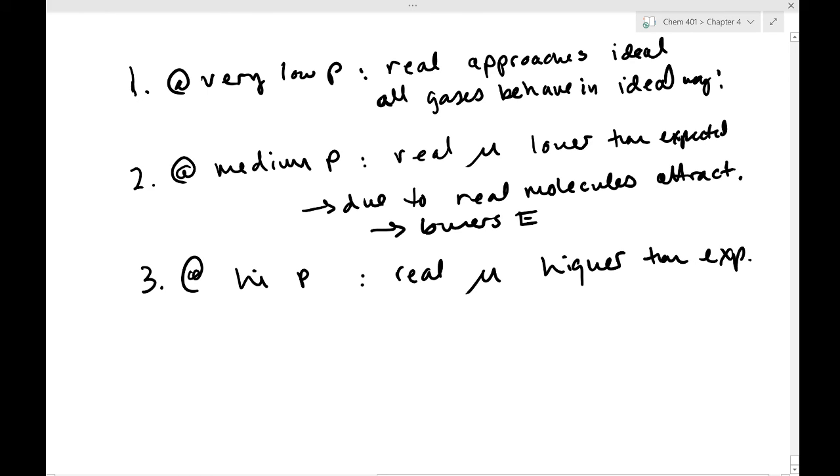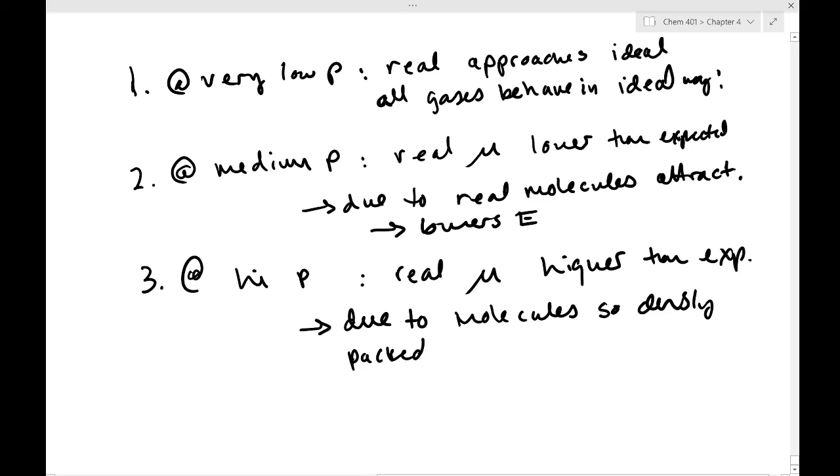This is due to the fact that the molecules are so densely packed they start to repel each other and therefore increase the energy.